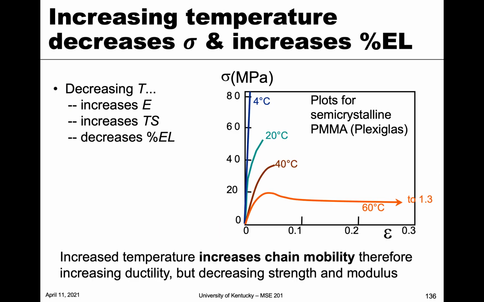All right, so let's talk about some of the general characteristics and effects on the mechanical properties. Temperature becomes more important in polymers because polymers have very low melting temperatures, right? So if you go from room temperature to minor increases or decreases of room temperature, those are much higher percentages of the material's melting temperature.